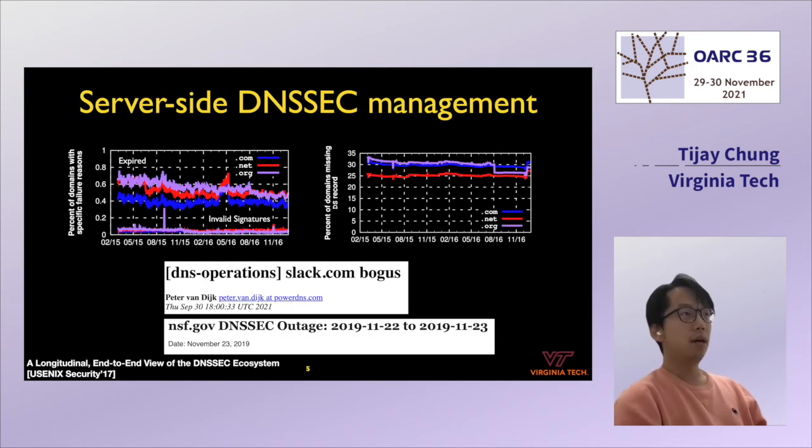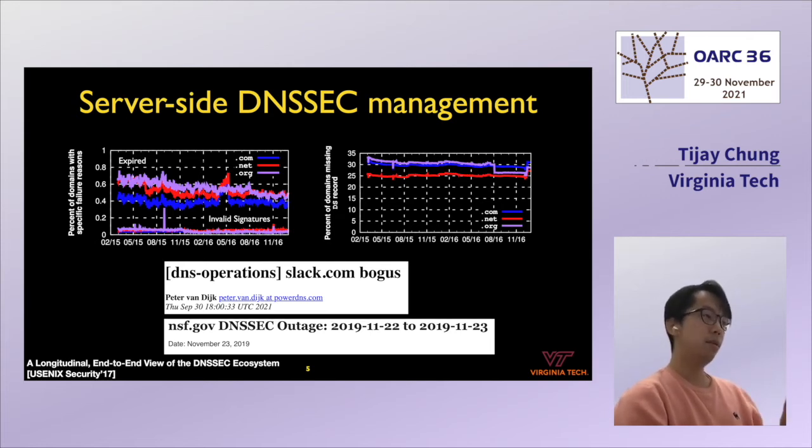But the thing is, server-side DNSSEC management is sometimes challenging. The left figure shows the percentage of domains with a specific failure reason. This graph is a little bit outdated, the most recent snapshot being December 2016. For example, the expired and invalid signatures ratio is under 1%, which is not that bad.